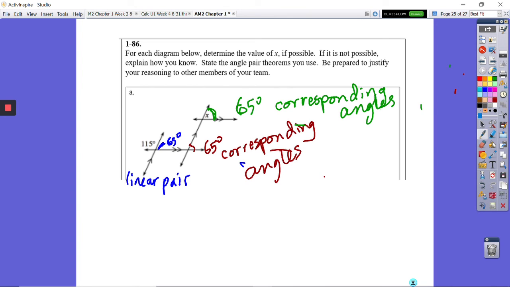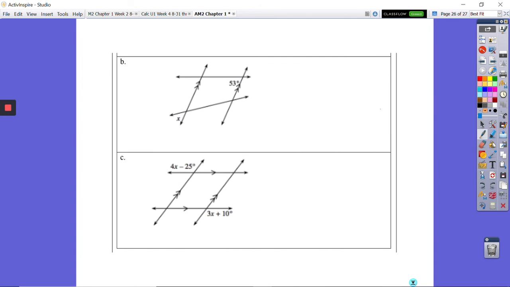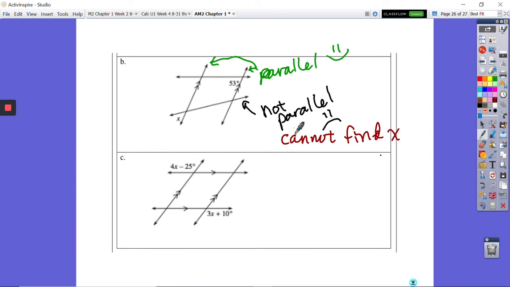Okay. All right. And there's two more for you to try. And again, pause the video and see what you can come up with. C's a little tricky because you've got a relationship to find x. You have to actually set up an equation. So try B. I'll be back with an answer. So since these two are parallel, that's cool.